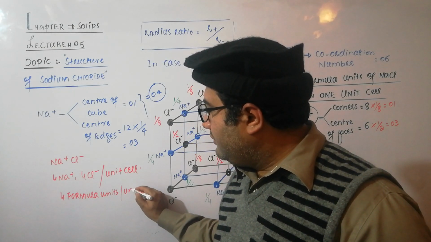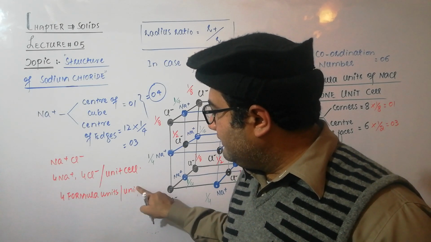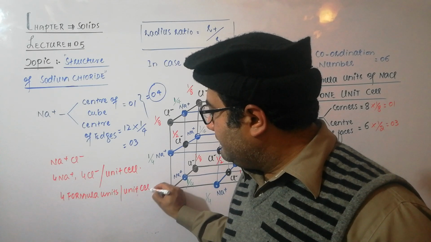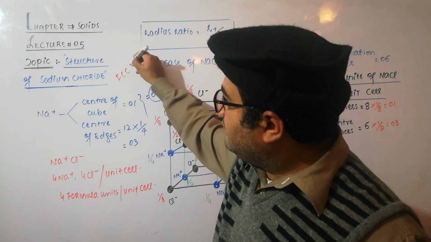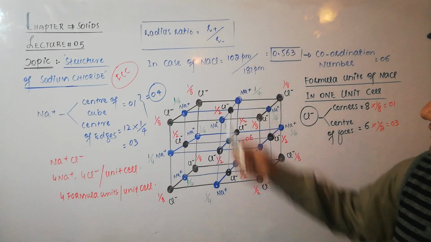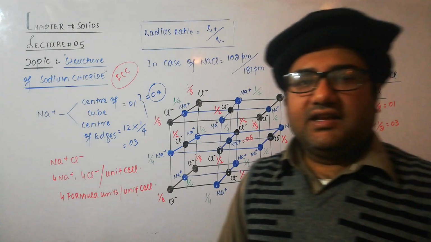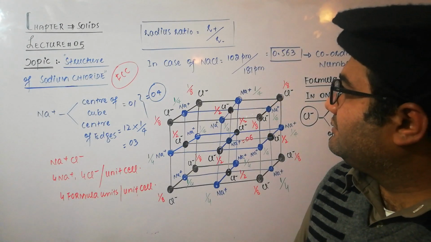So there will be 4 formula units per unit cell in NaCl. And the shape of NaCl is face-centered cubic, because the ions which are present at the corners are also present at the centers of the faces. So it is actually a face-centered cube.